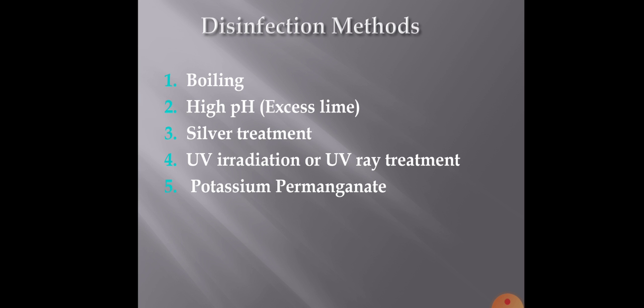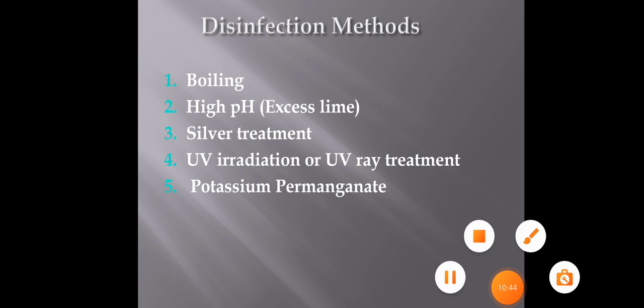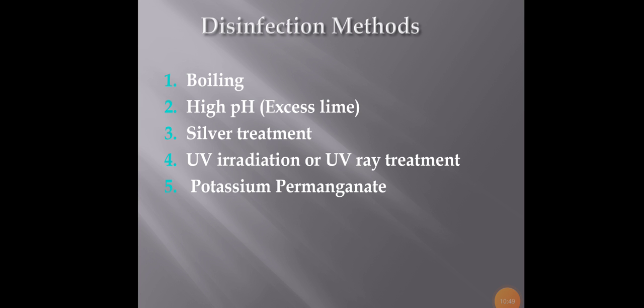Now coming to the other disinfection methods, that is the minor methods of disinfection of water. These are the various minor methods of disinfection of water. It includes the following methods: boiling, then high pH or excess lime treatment, then silver nitrate treatment, then UV irradiation or UV ray treatment, that is ultraviolet irradiation or ultraviolet ray treatment.